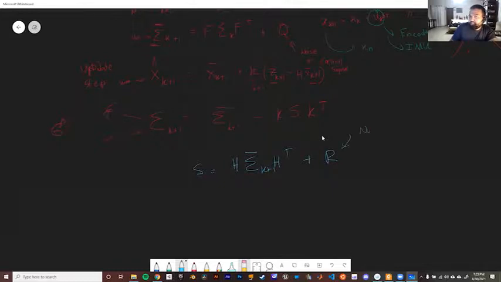R is the noise in the observation, the noise in the sensor. And using this, we can calculate K. K is simply calculated as sigma k plus 1 times H transpose times S inverse. So this is the Kalman filter algorithm, right?